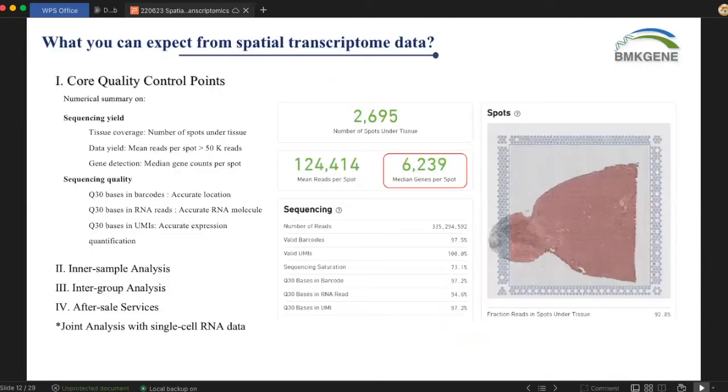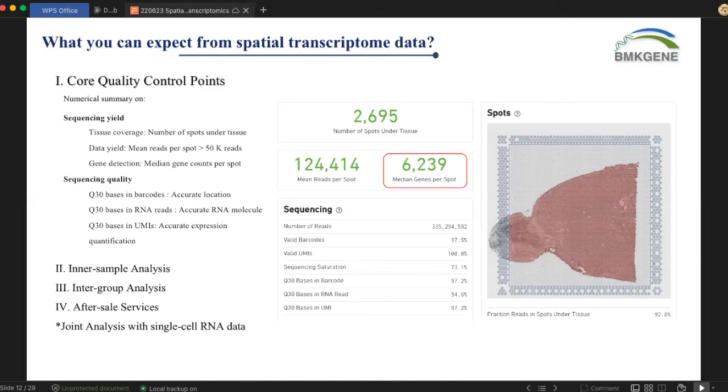Like all the other sequencing projects, the first thing is to make sure that the data is good enough for any downstream analysis, so this is the quality control. Besides the basic quality control points for sequencing, like Q30, read length, and so on, we will also need to check that the accuracy on specific parts is okay.